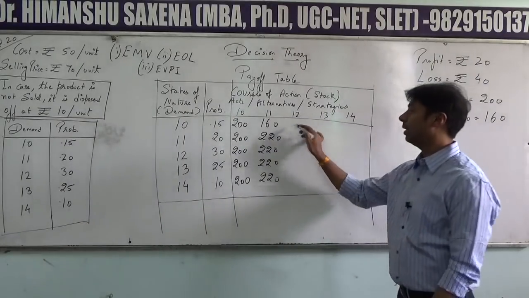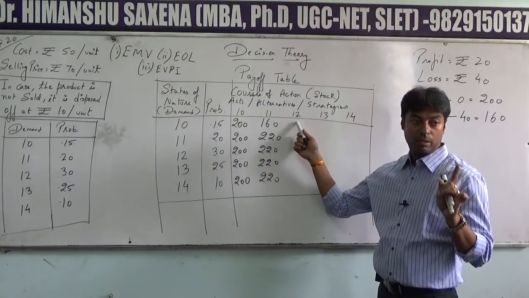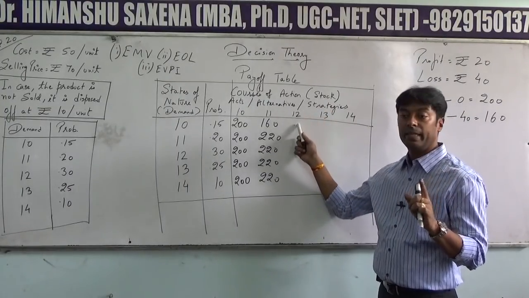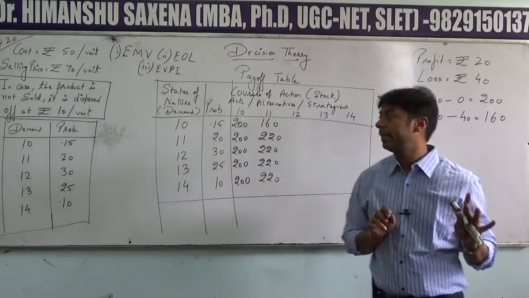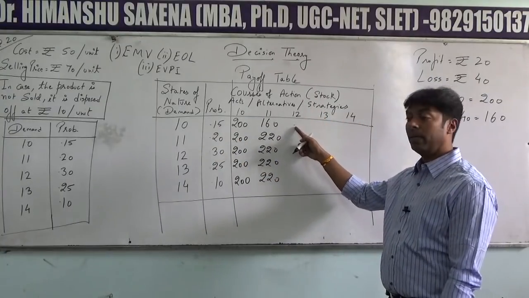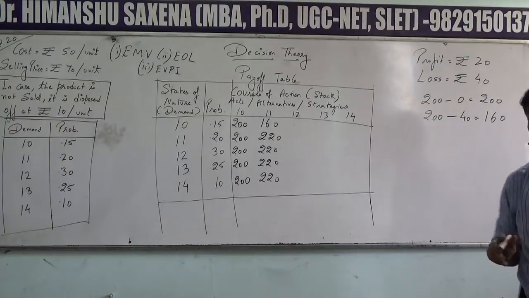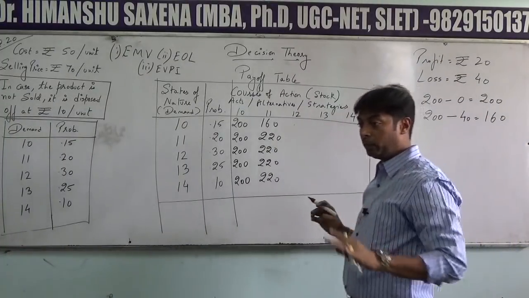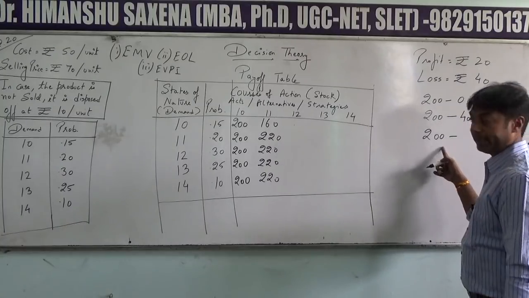Now see the next place. Over here, the amount of stock that you are having is 12. Customer is saying that I need only 10 units. He is demanding 10 units from you. So if you are having a stock of 12 and the customer is asking for 10 units only, what will happen? 10 units will be sold. 10 units will give you a net profit of 200.